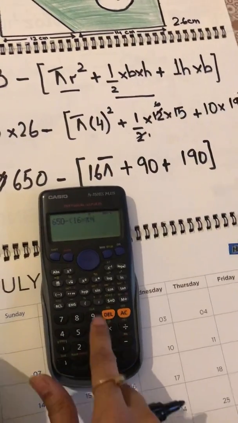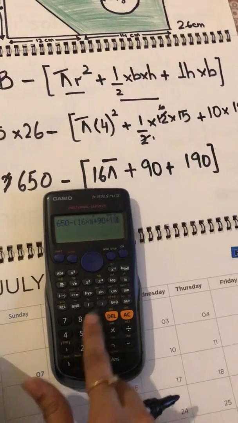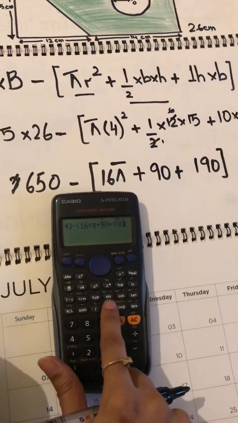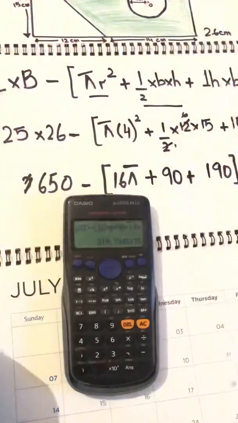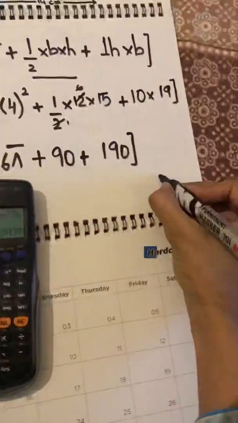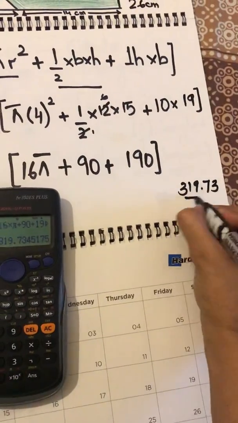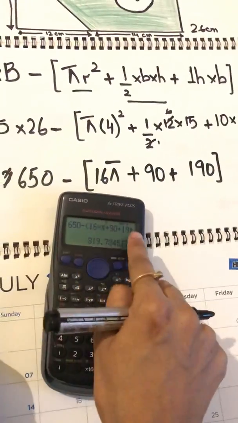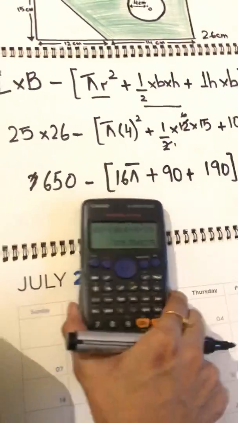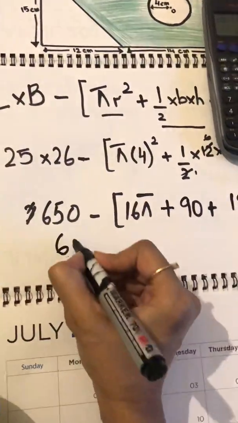Now plus 90 plus 190, and I will close my bracket, yes, and that's equal to 319.73. So I'm going to write it 319.73. This is actually my final answer. You can insert the entire statement into the calculator like this, or you can solve it further manually as well.